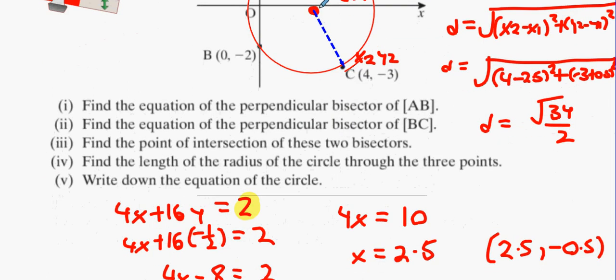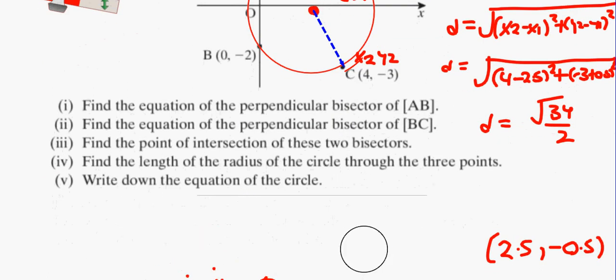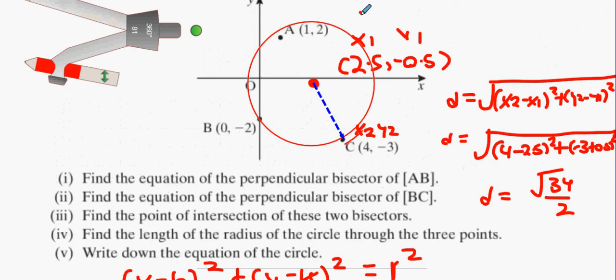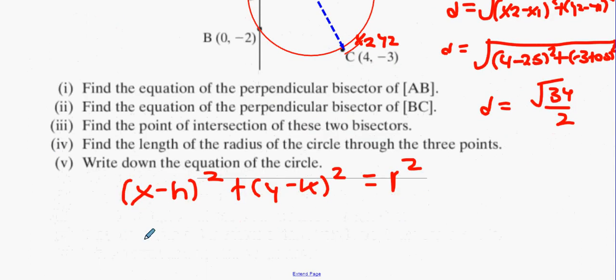Now, finally we have to wrap this up with the center of our circle formula, which is this. We okay with that? What's the center of our circle again? 2.5 and 0.5, yeah? So what can we say here? X minus 2.5 squared plus y plus 0.5 squared.